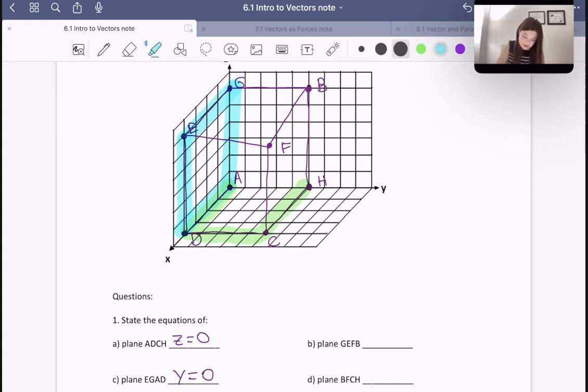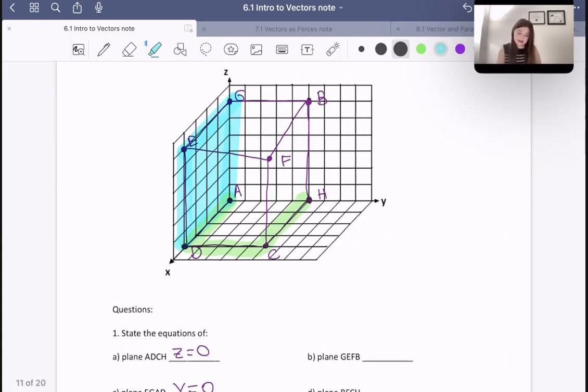Here we have y is 0. Here we have just the x. This is on the xz plane only, and this is the flat plane where there's no y. Whereas this last one, the green one, was z equals 0, because in this plane we have x and y values, but we don't have any z values. It doesn't go up at all.